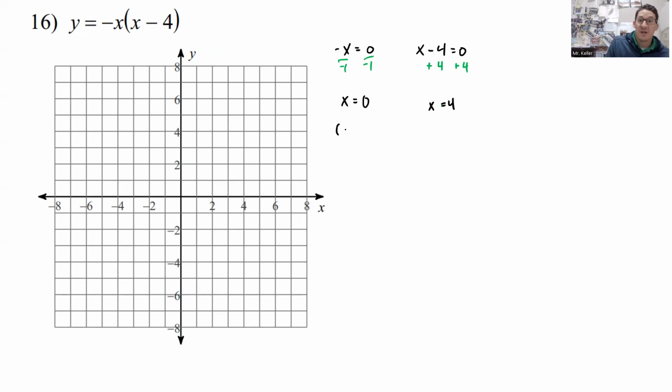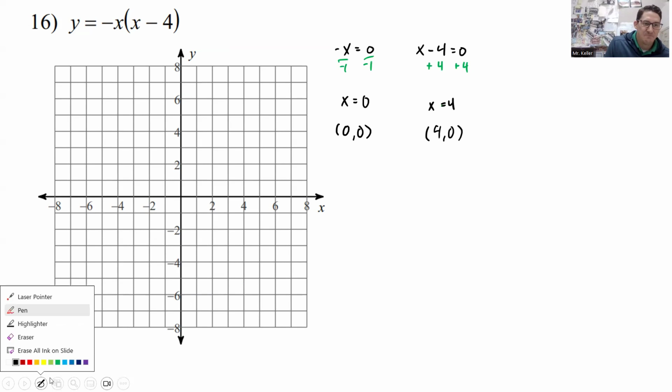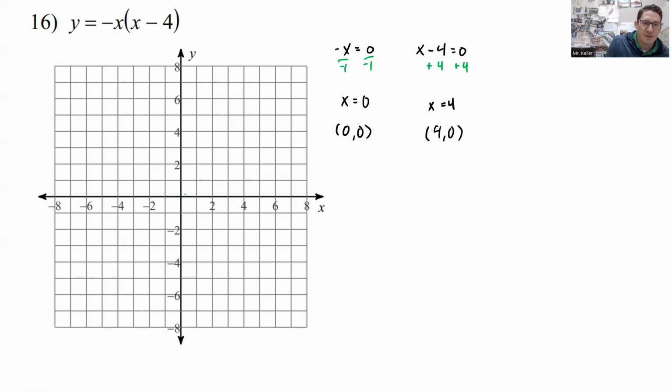So the x-intercepts here, this is at (0, 0), the origin, and this one's going to be (4, 0). Let's do these in green this time. (0, 0) and (4, 0).